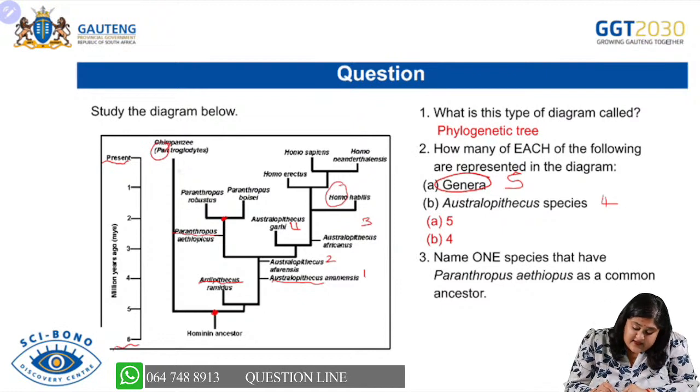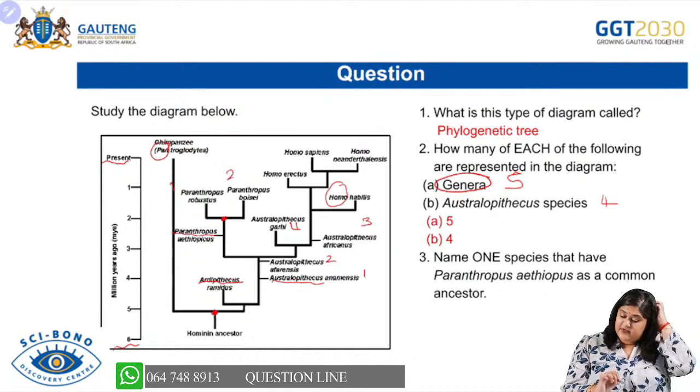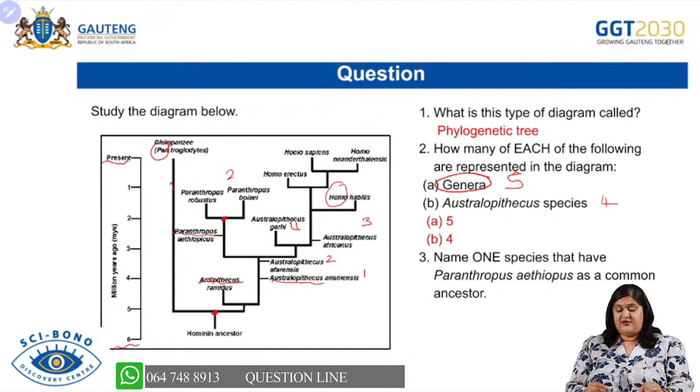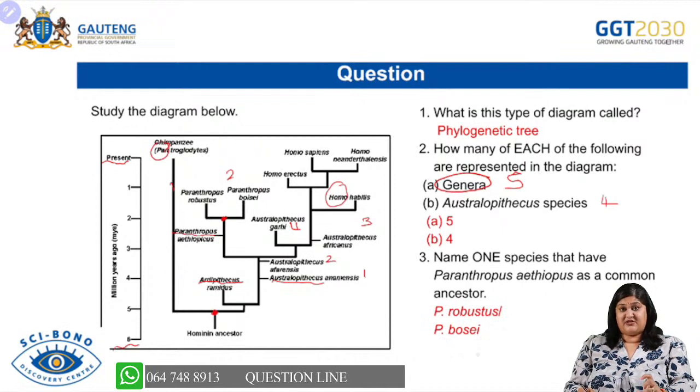And over here, we have Paranthropus robustus and we have Paranthropus boisei, and you can also write them as P. robustus or P. boisei. Please take note, like I mentioned earlier, that the first letter of the first word is capital. Okay, and then the second word, the first letter is a small letter.